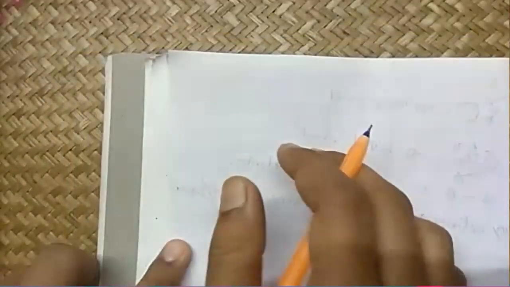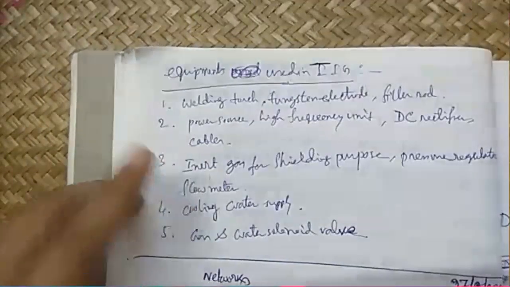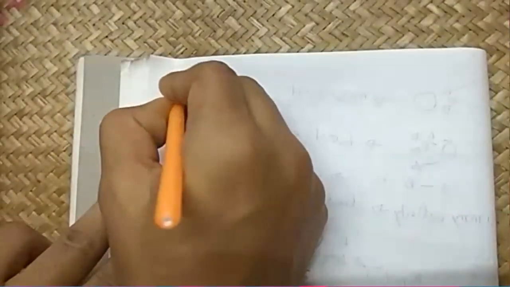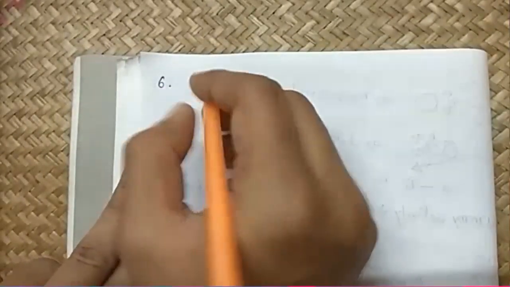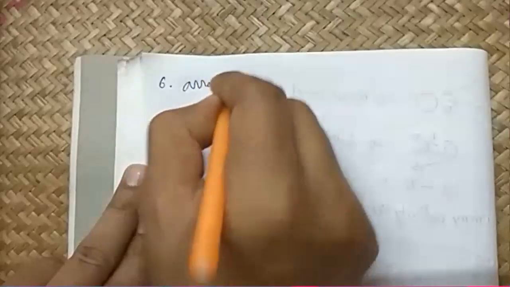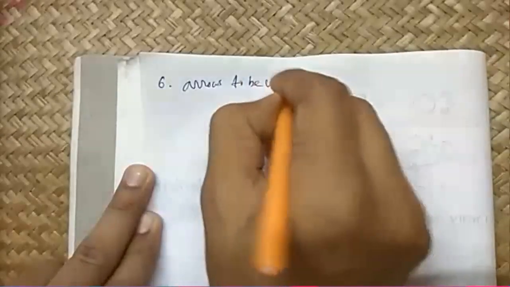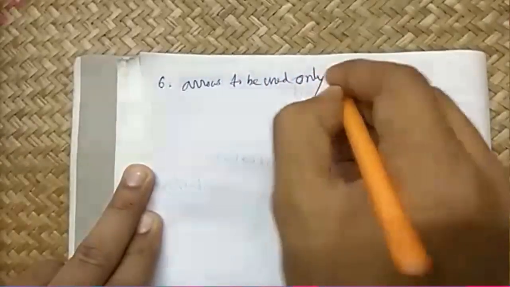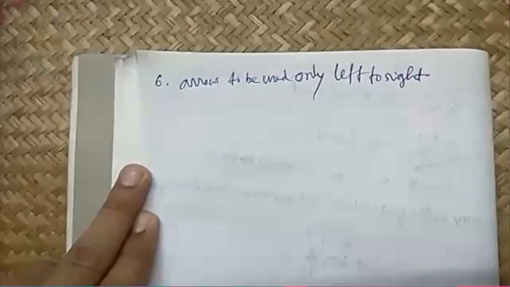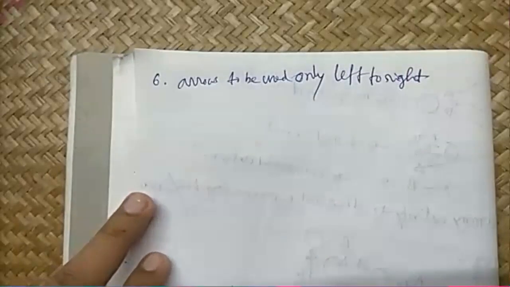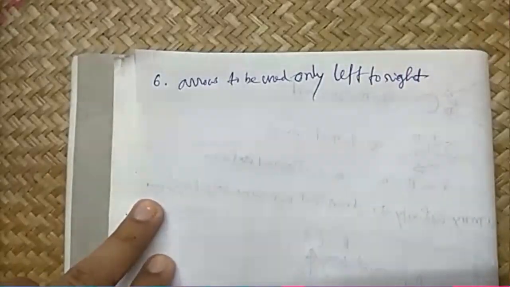Next is number six. Arrows to be used only left to right and do not mix two directions.